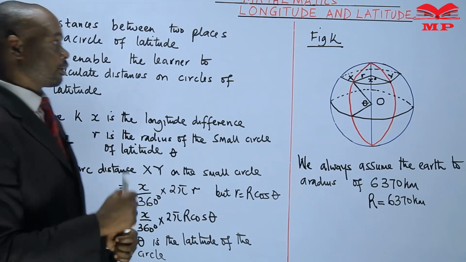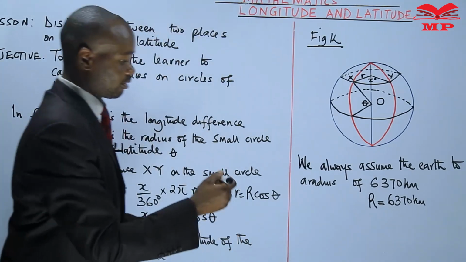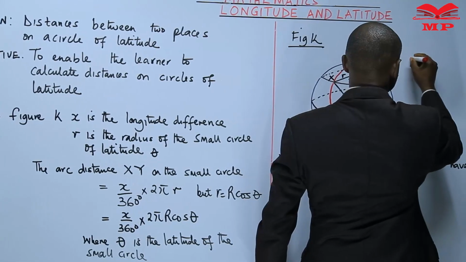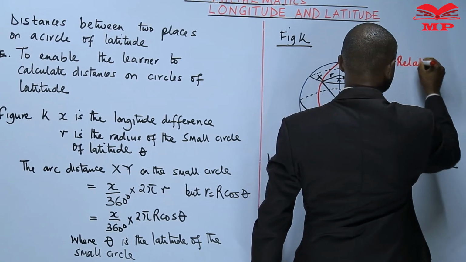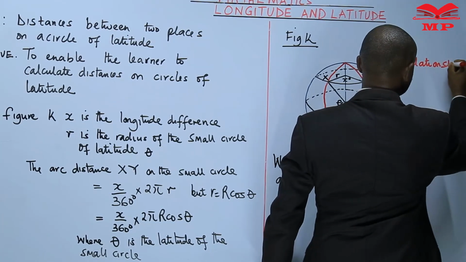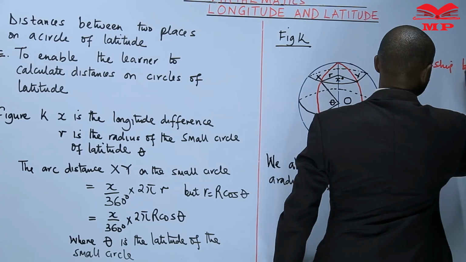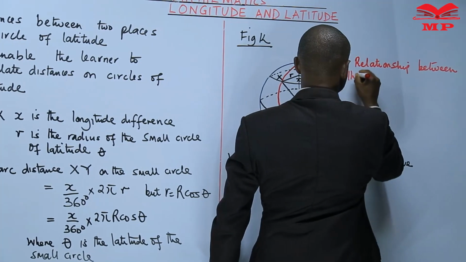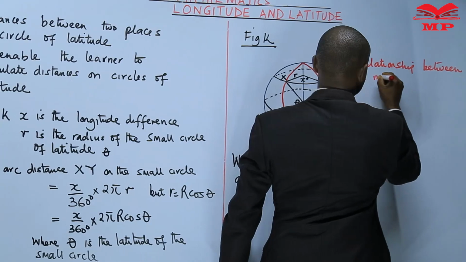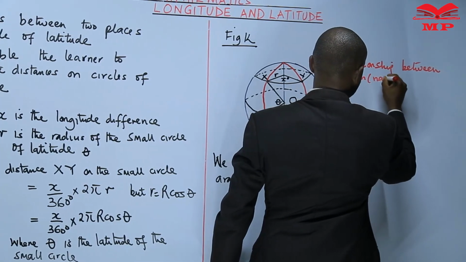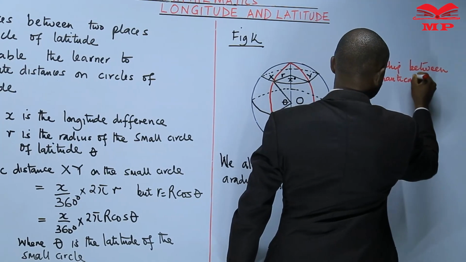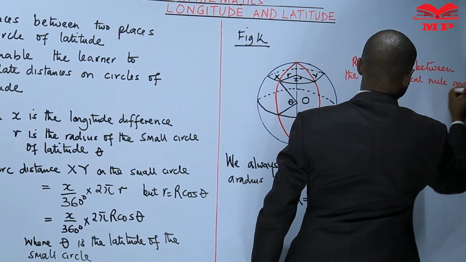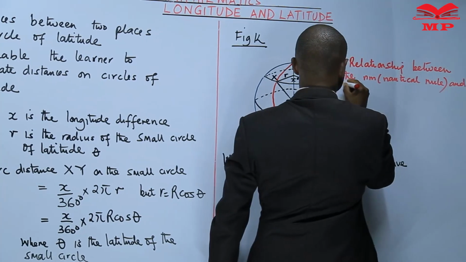But there is what they call the nautical mile. So I come here and write the relationship between the nautical mile and the kilometer.